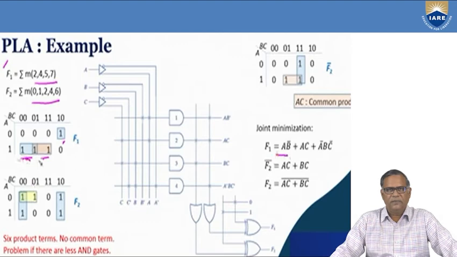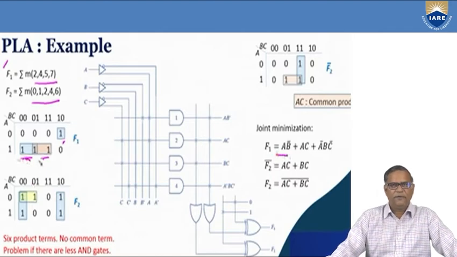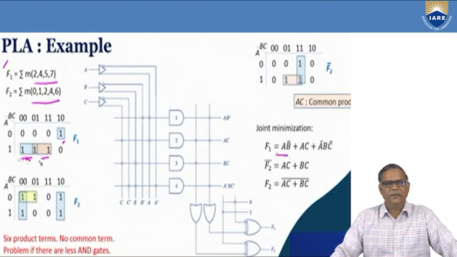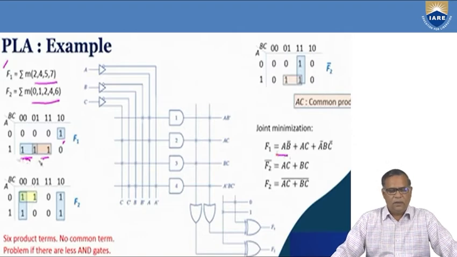Now let us see an example of realizing a Boolean function using a programmable logic array. Here we have a function F1 which contains the minterms 2, 4, 5, 7, and another function F2 which has the minterms 0, 1, 2, 4, 6. Now, how to realize these Boolean functions? Let us see.